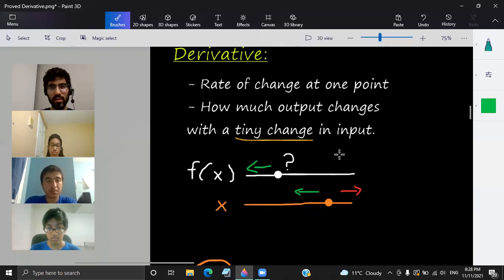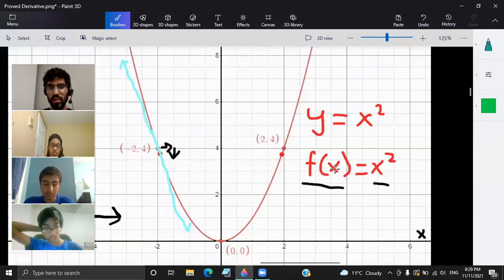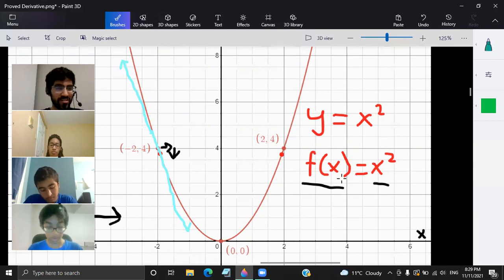If we have some equation where we can put in an x value and get the output of the function, we want another such equation that we can put the x value into and get the rate of change at just that point. So we want another magic equation that gives us that rate of change.